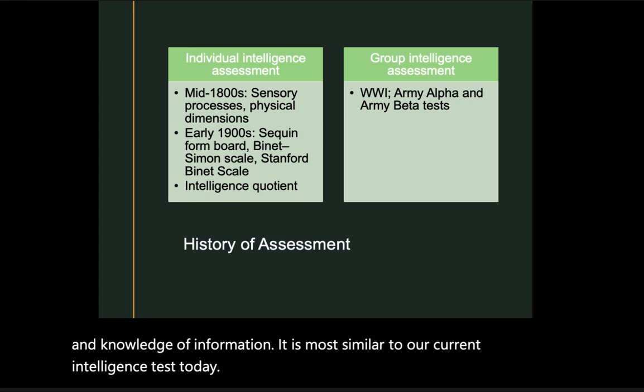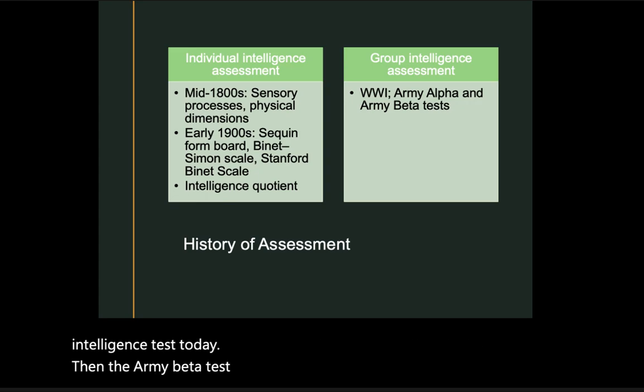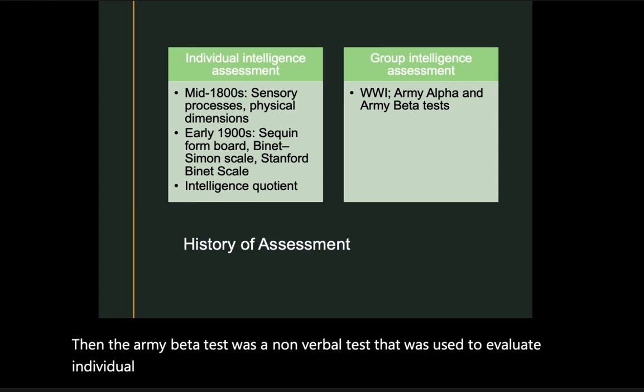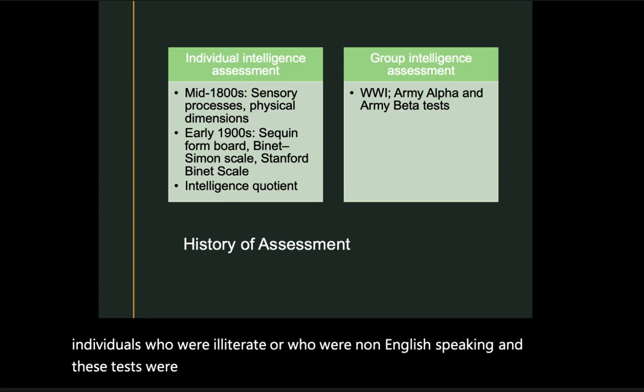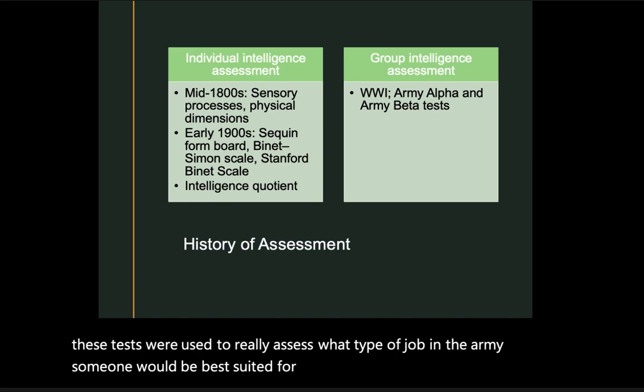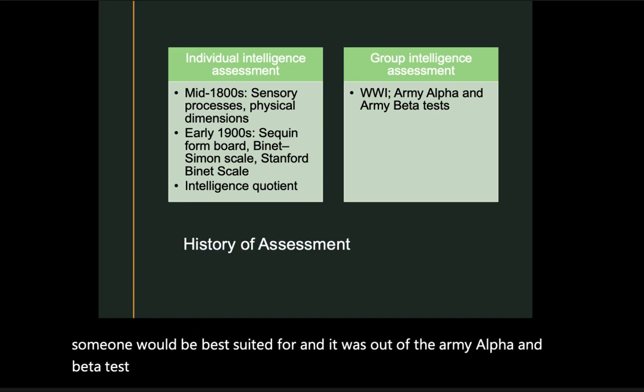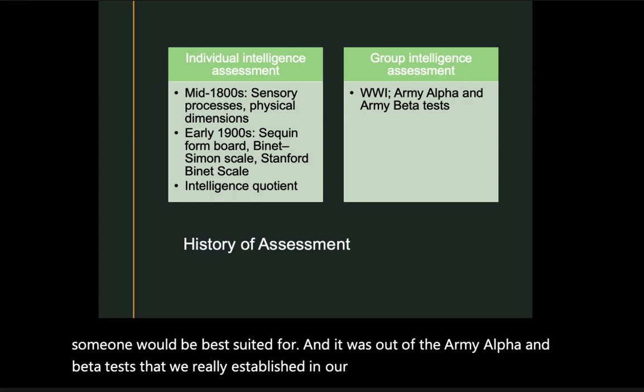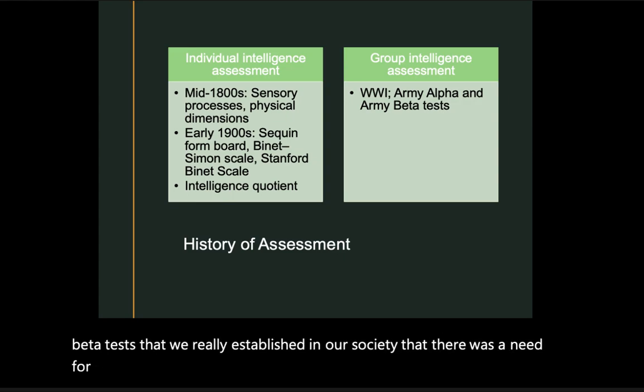Then the Army Beta test was a nonverbal test used to evaluate individuals who were illiterate or non-English speaking. These tests were used to assess what type of job in the Army someone would be best suited for. And it was out of the Army Alpha and Beta tests that we really established in our society that there was a need for group testing.